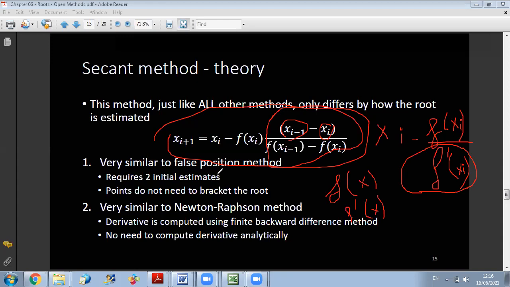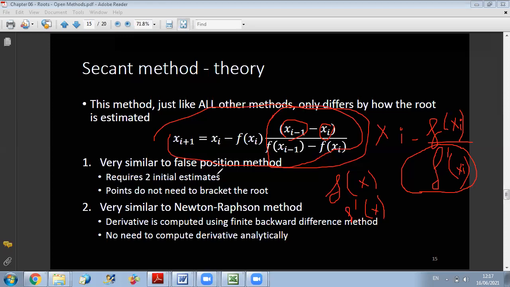What we will do now is to compare with Newton-Raphson method. As we said, the approach is similar to Newton-Raphson. But what is different mainly is how we compute the derivative. In Newton-Raphson method, we compute the exact value of the derivative because we derive the function and we replace at the point. However, in the secant method, to compute f prime at xi, we are using the backward scheme.